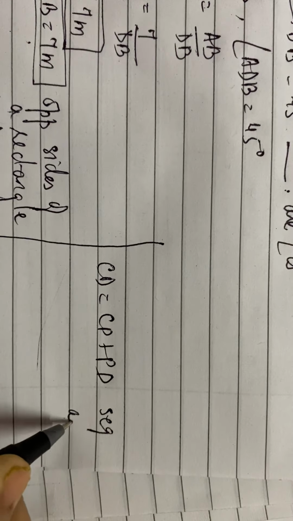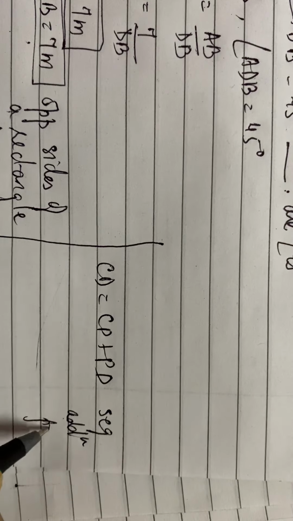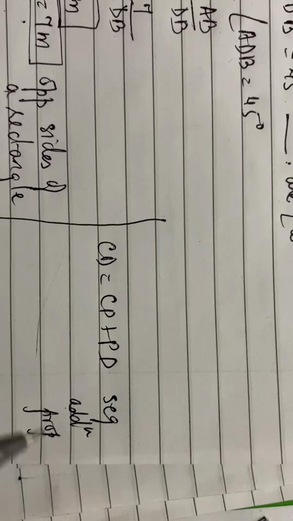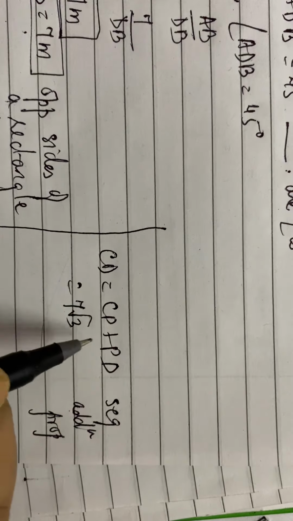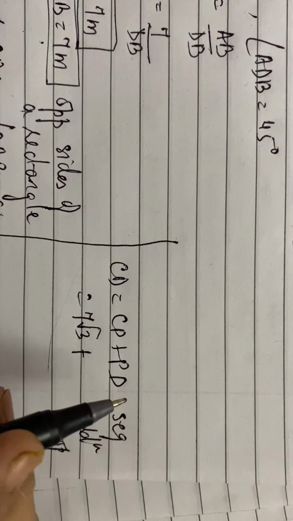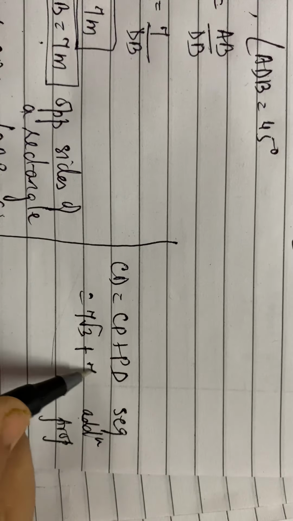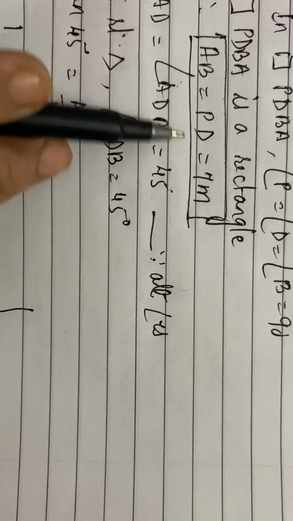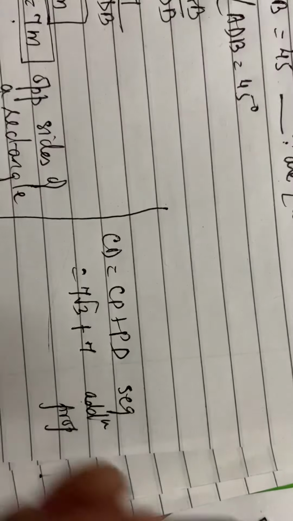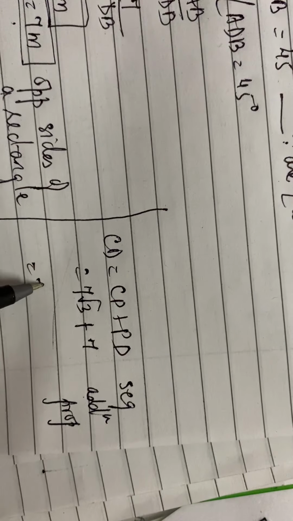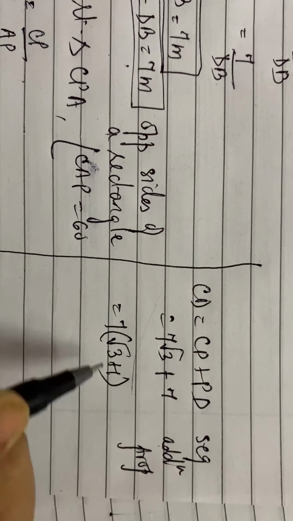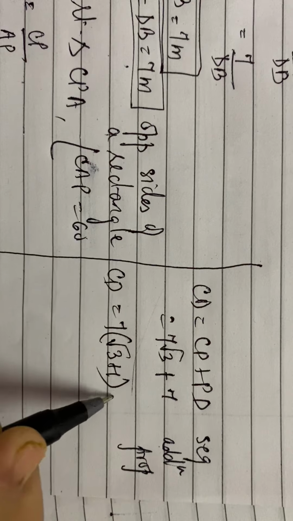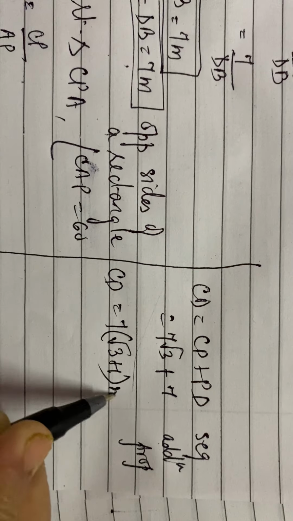Segment addition property you can write. Now your CP is 7 root 3 and your PD, that is 7. See, this PD is 7. Okay. So here you take out 7 common. So you're left out with root 3 plus 1. So that is your length CD, 7 into root 3 plus 1 meter.